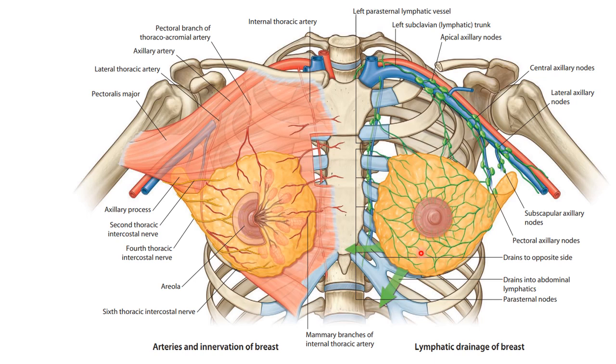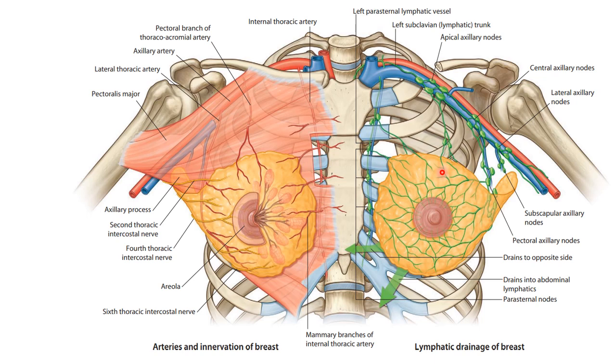How do we divide the lymphatic drainage of the breast? 75% of the breast, especially the upper lateral aspect, is drained into the anterior axillary group, also called the pectoral group of axillary lymph nodes.